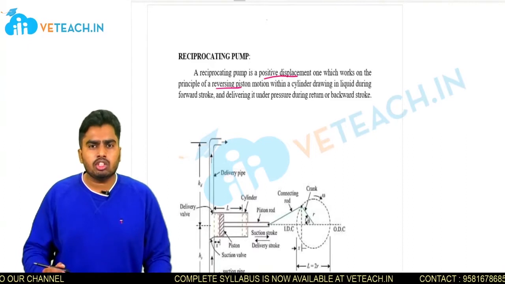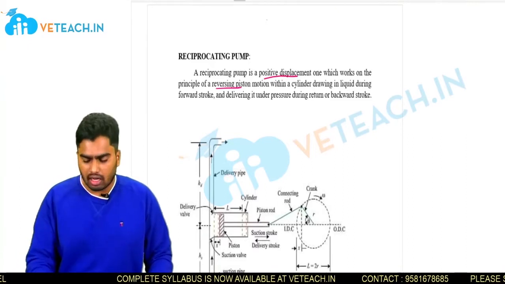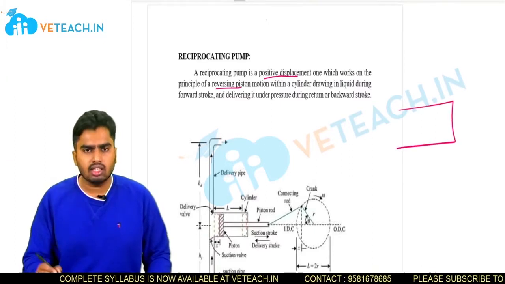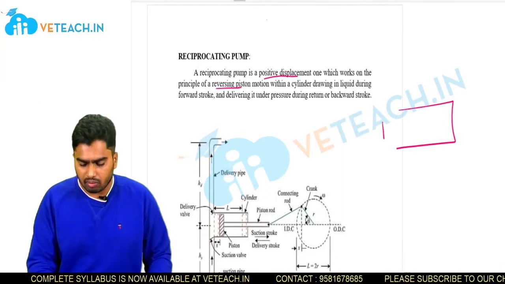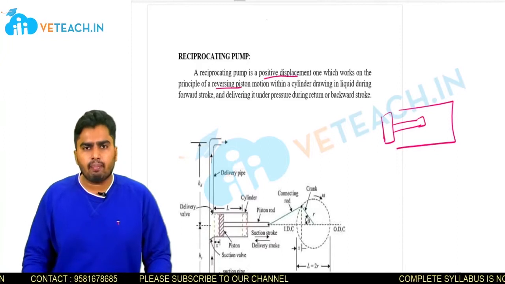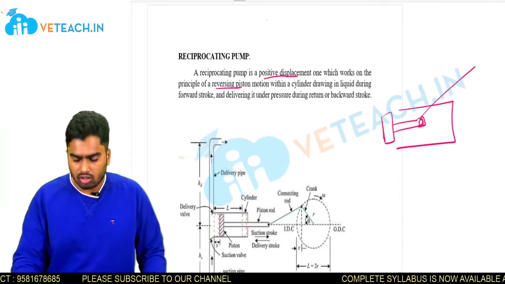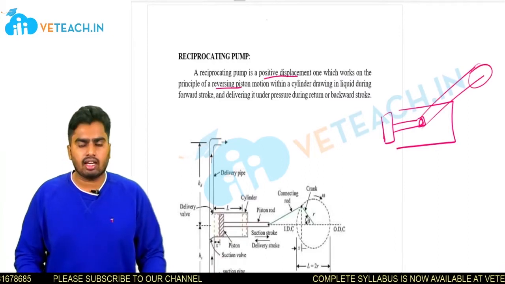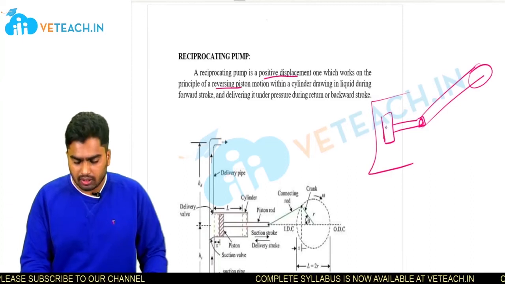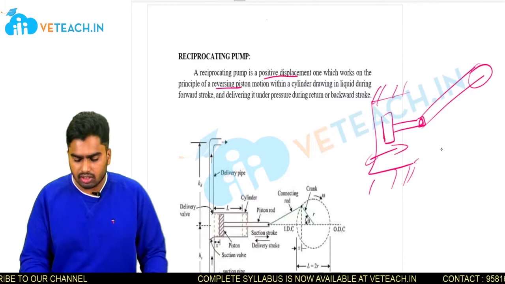The principle used in this reciprocating pump is the single slider crank mechanism. Simply, here we will have a cylinder like this and a piston like this. We will have a connecting rod which is connected to a crank. The piston will reciprocate inside this fixed cylinder.